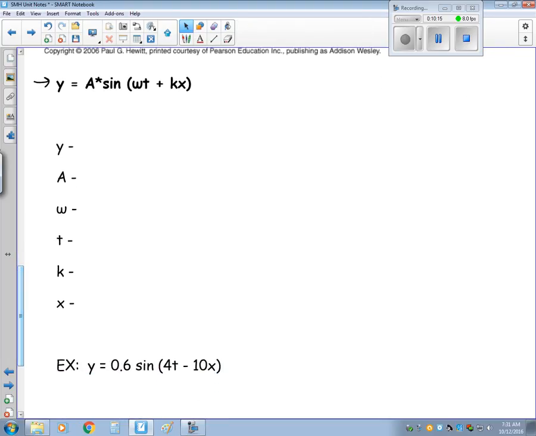So the y is your current position on the y-axis, or you can think of it as the current amplitude. A is the maximum amplitude.